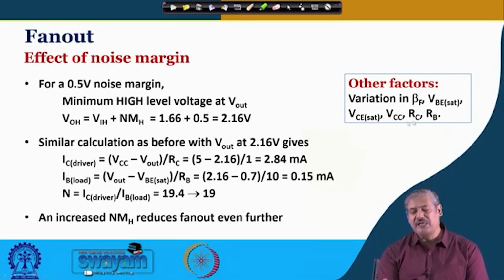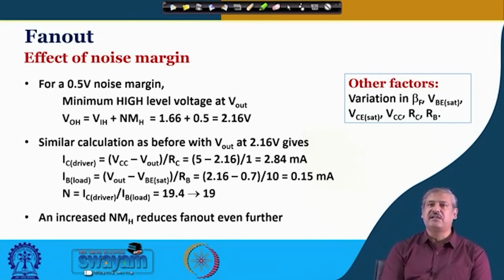Each of these parameters might vary. The V saturation is not exactly 0.7 volt, it can vary a little bit. VCC can vary, a 5 volt power supply may be 4.5 volt to 5.5 volt. So, for this particular configuration, from 34 to 19, practically it can come down to approximately 5 or so.